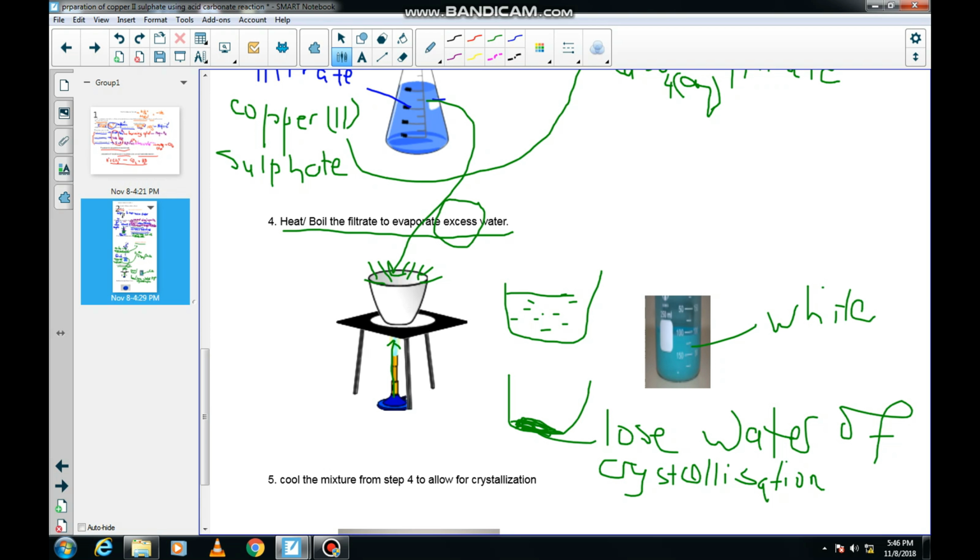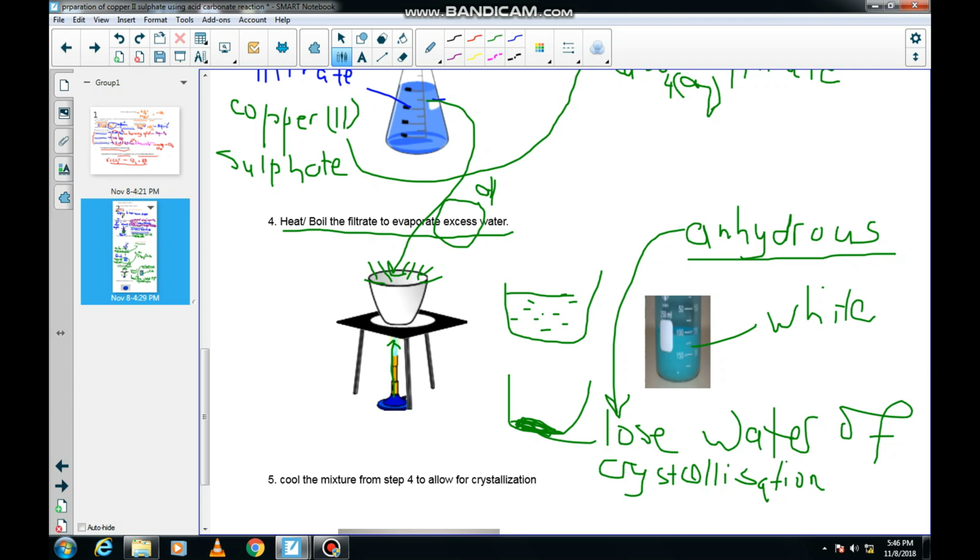We call this kind of copper 2 sulfate anhydrous copper 2 sulfate. Copper 2 sulfate that has been dehydrated, that has got no water of crystallization. We obtain anhydrous copper 2 sulfate if we heat to evaporate all the water.